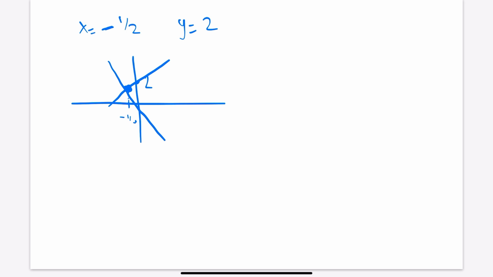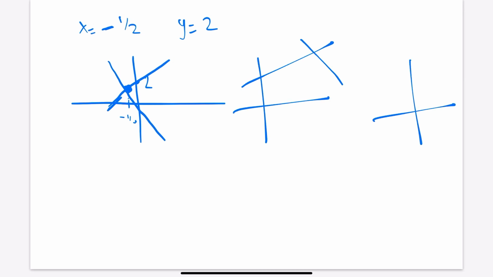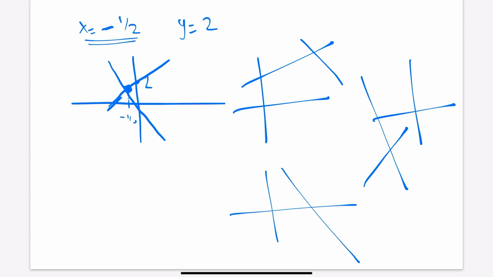I'm assuming that one has positive slope, one has negative slope, but the idea is the SAT may give 4 answer choices like this. You have to choose this as the answer. Why? This is the one that has x as negative half and y as 2.